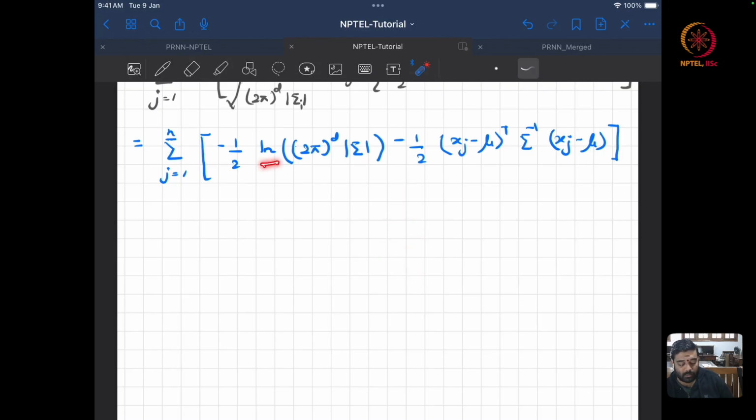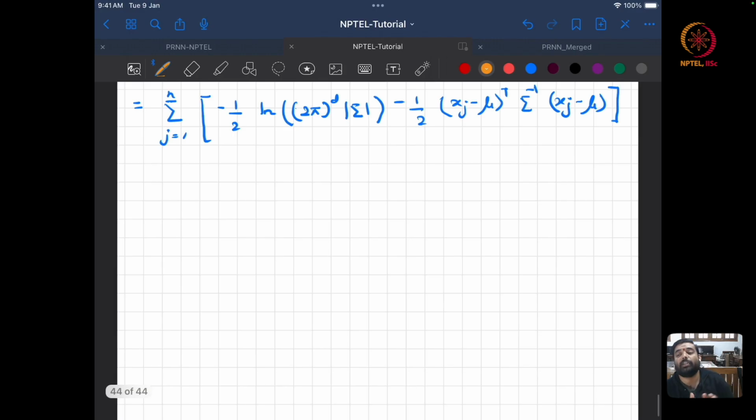And the trace and the determinant are also involved in this. Now how do you take care of these things? That is where the identities of the matrix cookbook actually come into the picture.